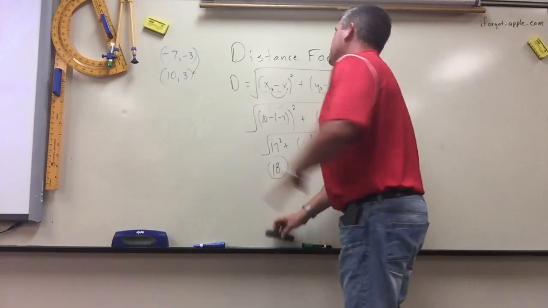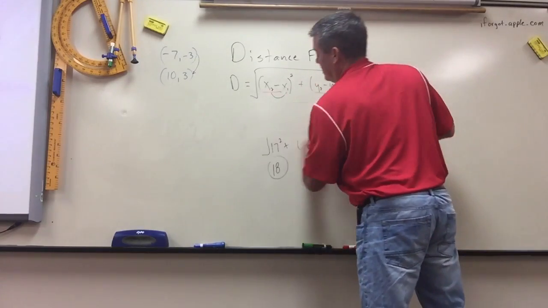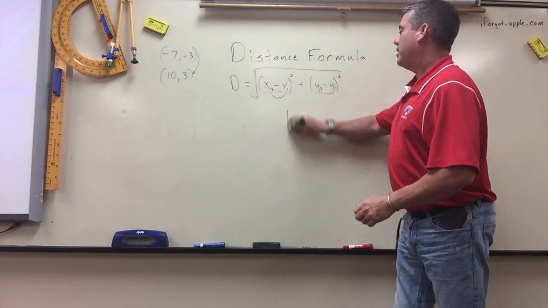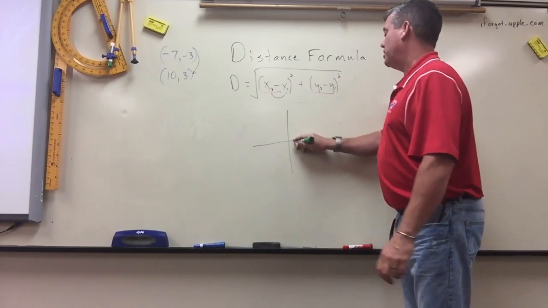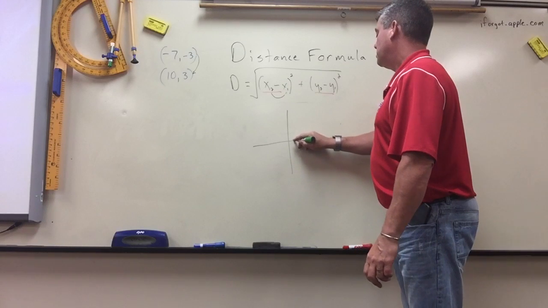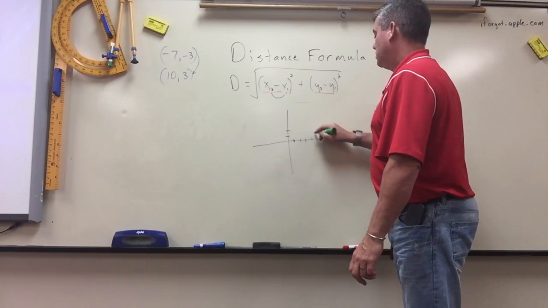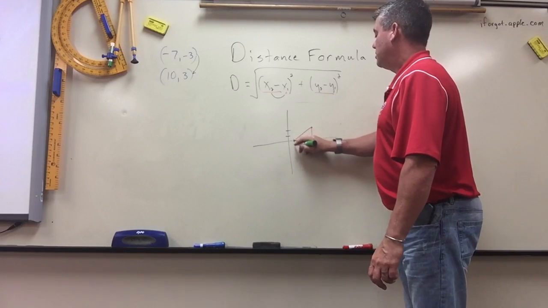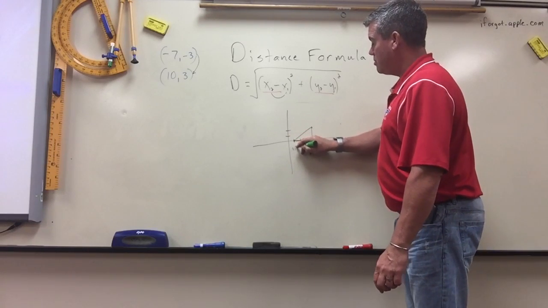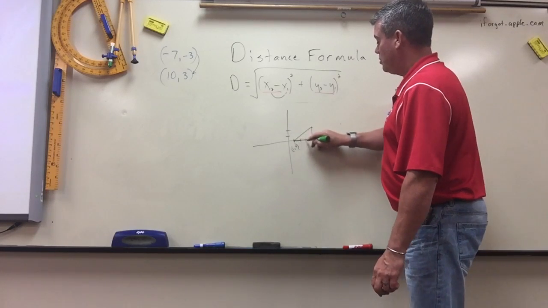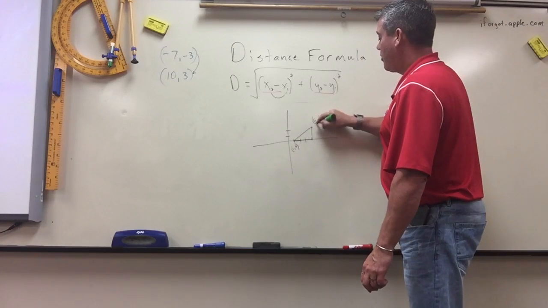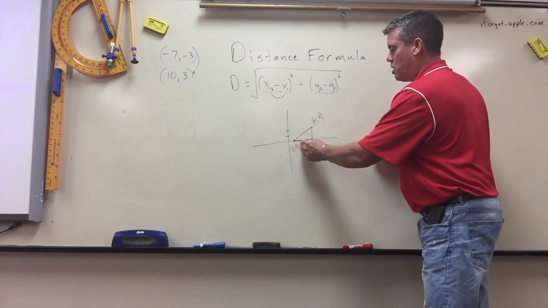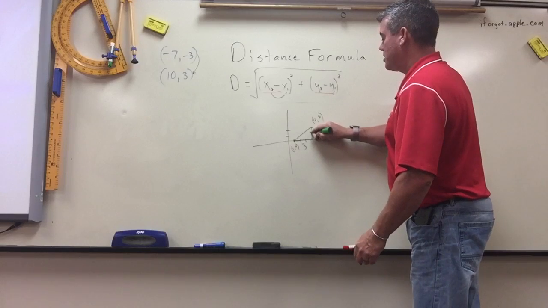Now, this distance formula is actually just the Pythagorean theorem. If I had this right triangle, where this is 1 over 0 up, and this is 1, 2, 3, 4 over 2 up, if you use the Pythagorean theorem, this is 1, 2, 3, and this is up 2, right?